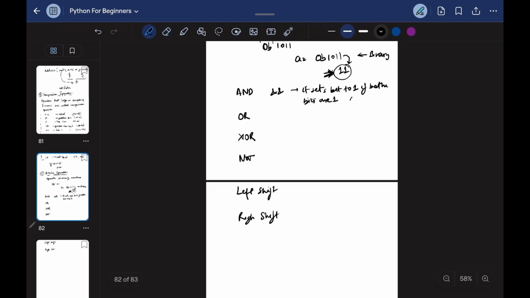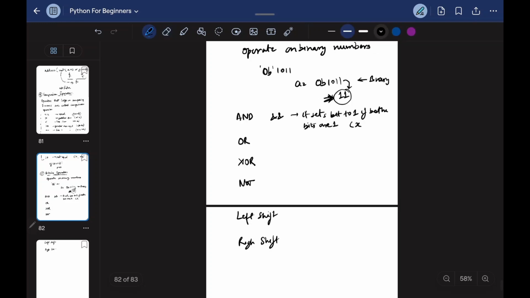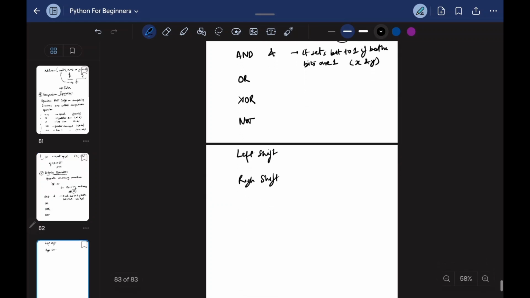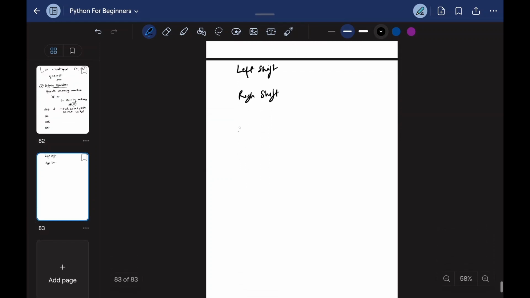This is the syntax: X and Y. I'll give one example for this. Let's suppose my X is 2 and my Y is 5, and I print X and Y. What will the answer be?